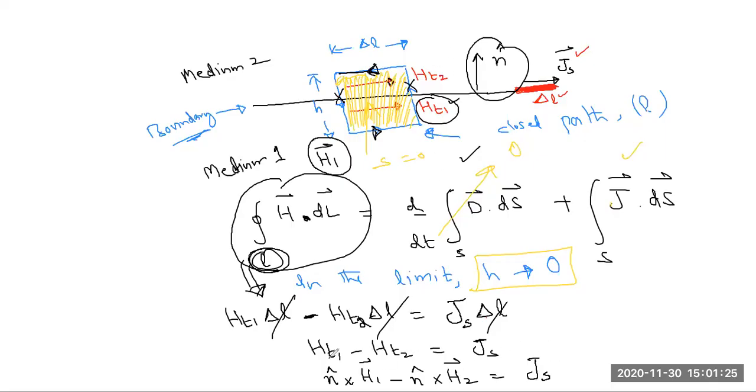And this is going to be our fourth boundary condition. What is this equation telling us? This equation is telling us that the tangent component of the magnetic field is discontinuous at the boundary, because n cross H1 minus n cross H2 is equal to Js.